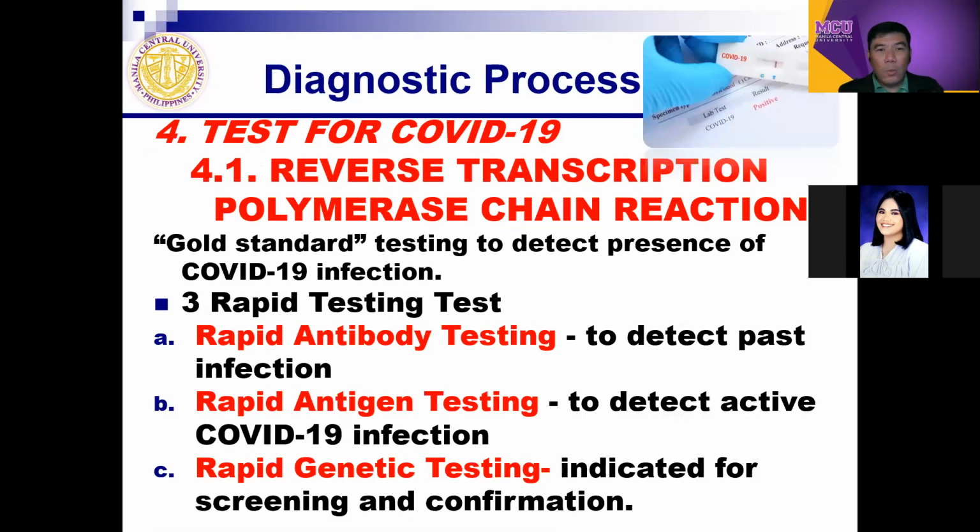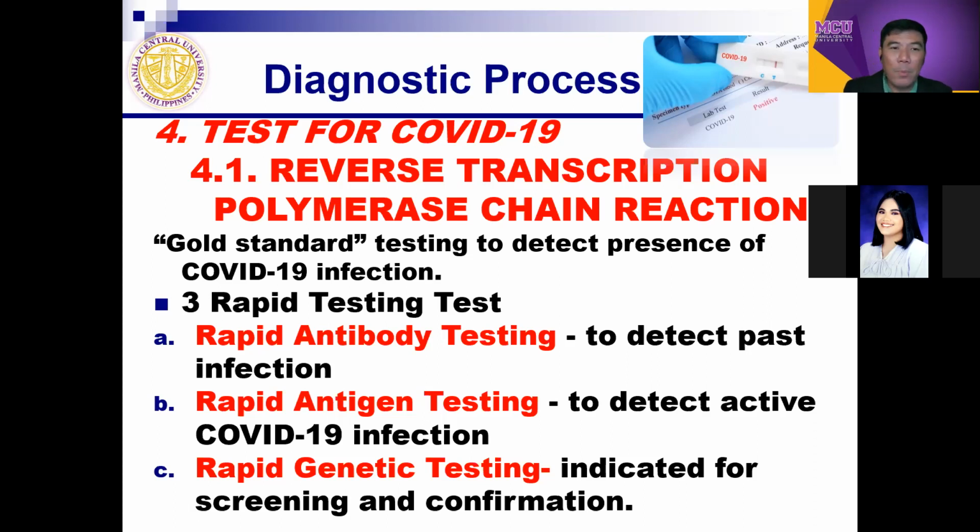So I know that for COVID-19, we are already familiar with this, but sometimes you get confused when it comes to these indications. What is the difference? Usually the gold standard in the detection of COVID-19 infection is the reverse transcription polymerase chain reaction, or RT-PCR.